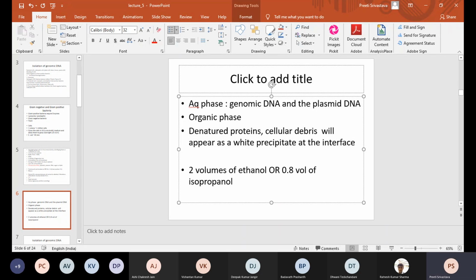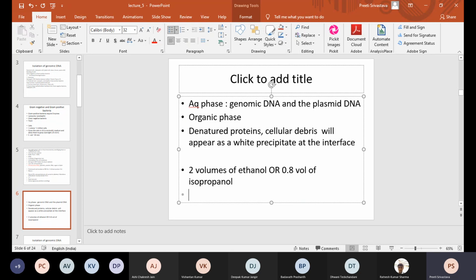When we add these solvents, the chromosomal DNA and the plasmid DNA will separate. Because the chromosomal DNA is larger in size, while plasmids like small supercoiled plasmids are smaller, the chromosomal DNA will appear as strands, which you can see visibly with your naked eyes.